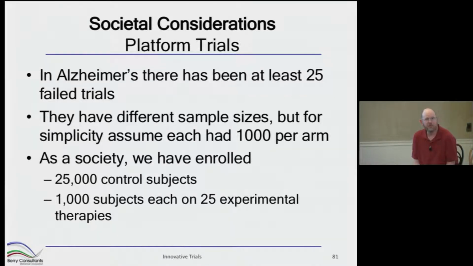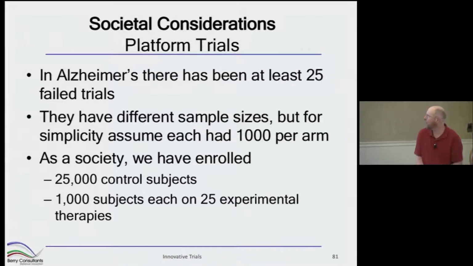The net result of that is we know a ton about the natural course of Alzheimer's. And do we need 25 to 50,000 patients enrolled on control in Alzheimer's, or would it have been valuable to do a few less and maybe test a few more drugs while we were at it? We could have had more shots on goal, so to speak.